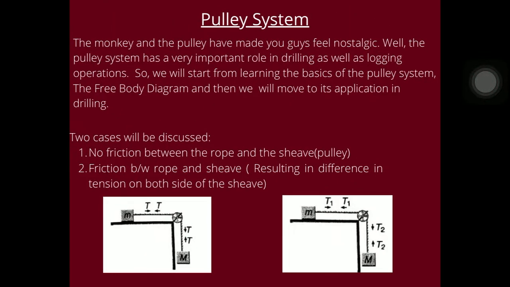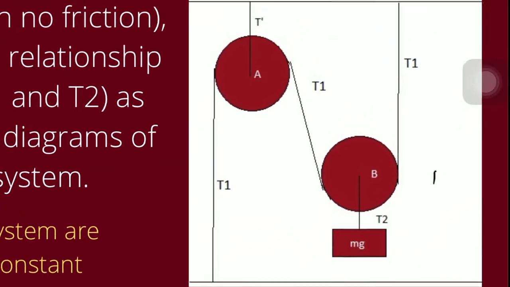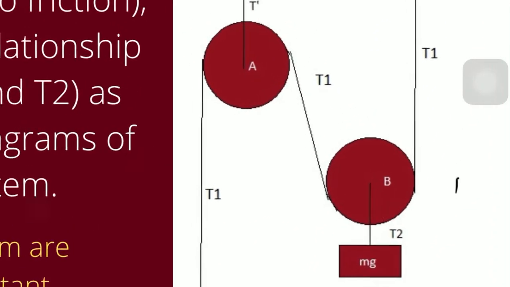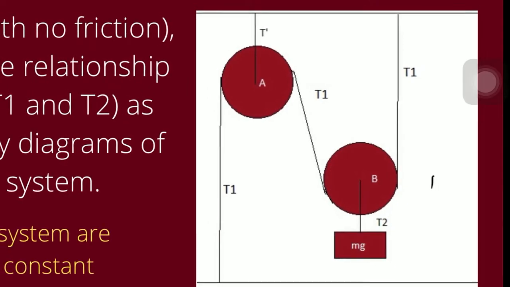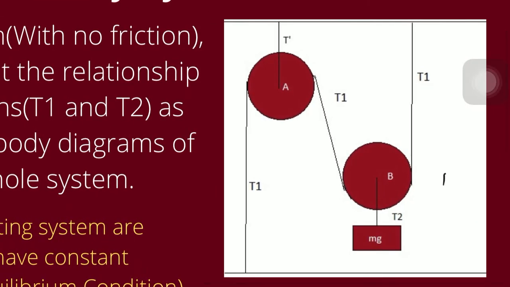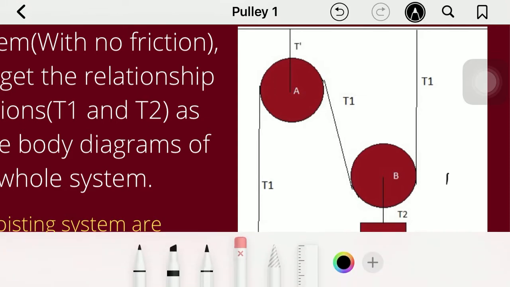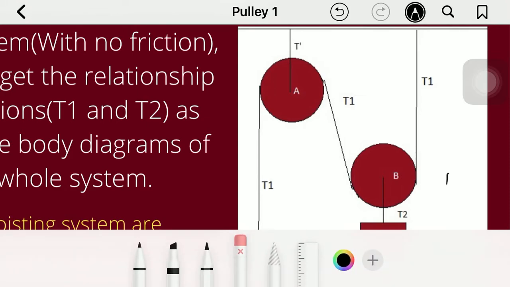So guys, we will start with the ideal system of pulleys, which has no friction. This system consists of two pulleys A and B and a block of known mass M. As there is no friction, the tension at every point on this rope is T1.